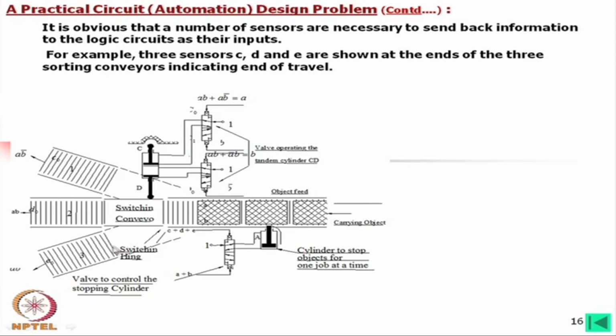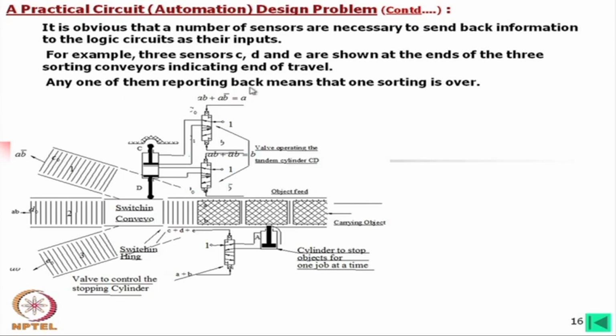That means we have the sensors A, B, C, D, E. This is showing the sensor positions, nothing else, but actually sensors are named as C, D and E. Now, when the object is passing through this, it is being sensed that the object has passed. So, that information is going into the main logic circuits. Okay.